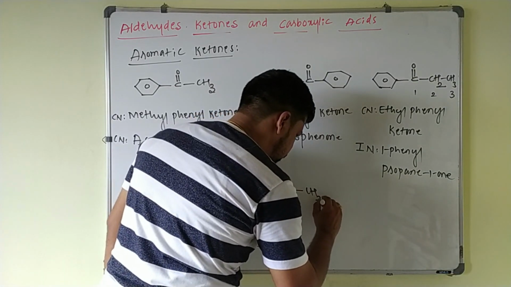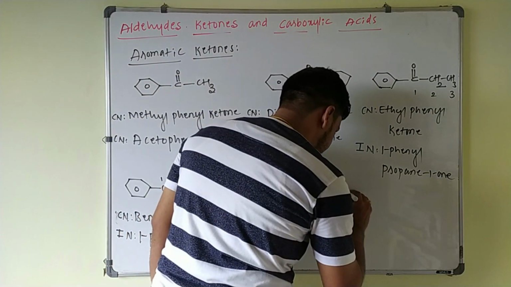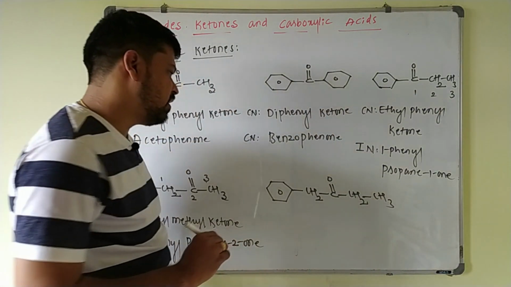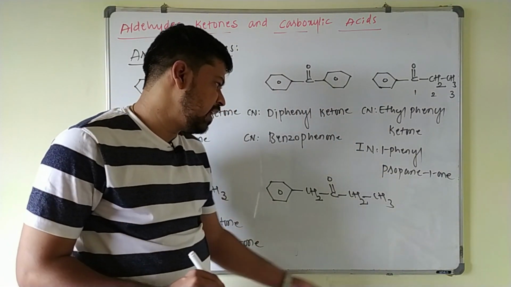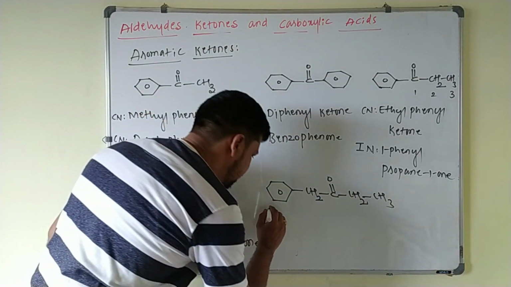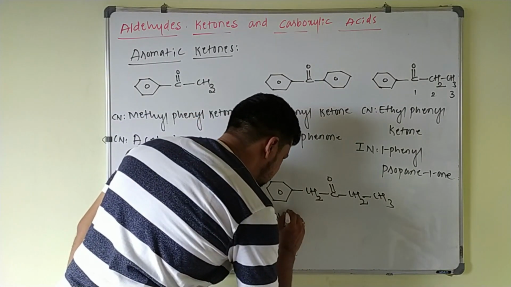Next one, this is CH2, C double bond O, and again we attach another ethyl group here like this. What is the name of this compound? This is benzyl and this is ethyl. The common name is benzyl ethyl ketone, because benzyl comes first in alphabetical order.